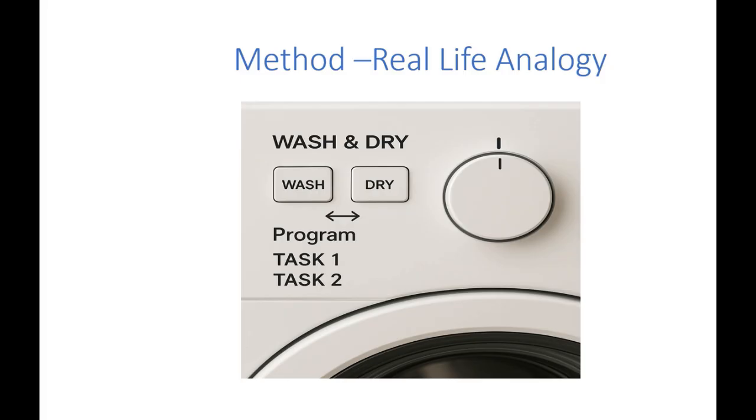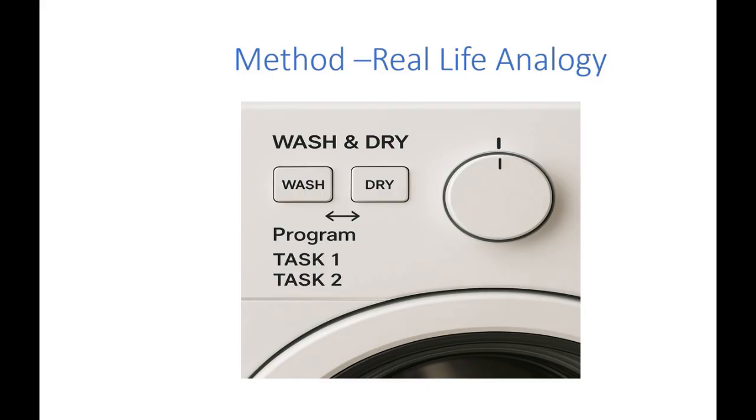When I need to wash clothes, I do not write the code to wash again and again. Instead, I have created a button in my washing machine. I press it and my clothes get washed and dried whenever I ask the washing machine to do that task.